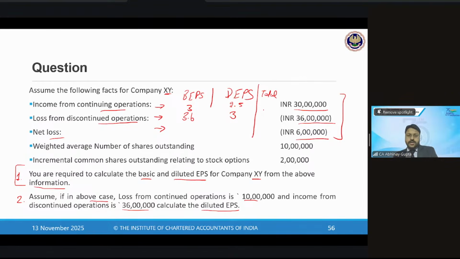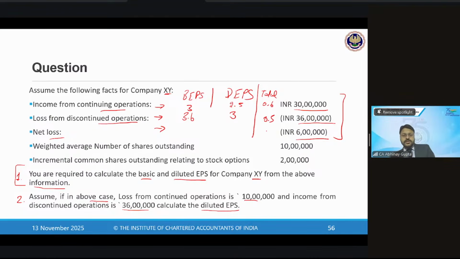What is the basic and diluted? The 0.6 basic. And diluted 0.5.